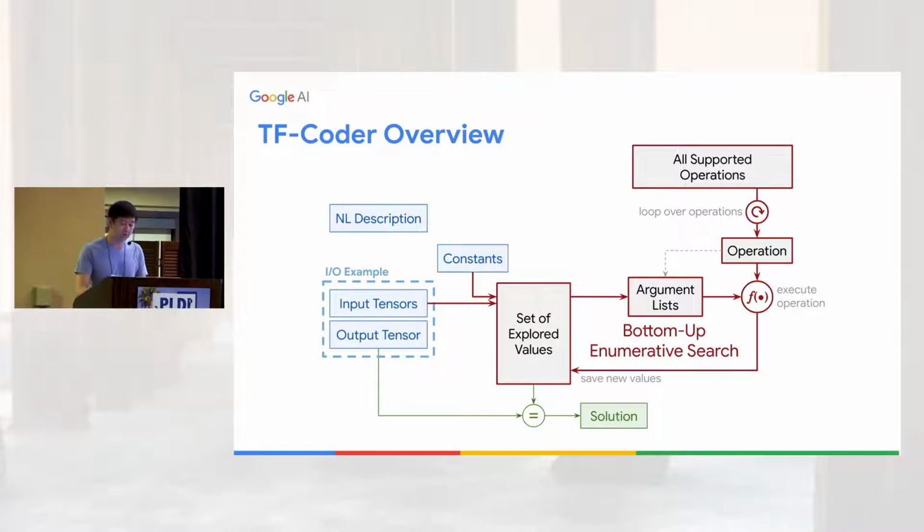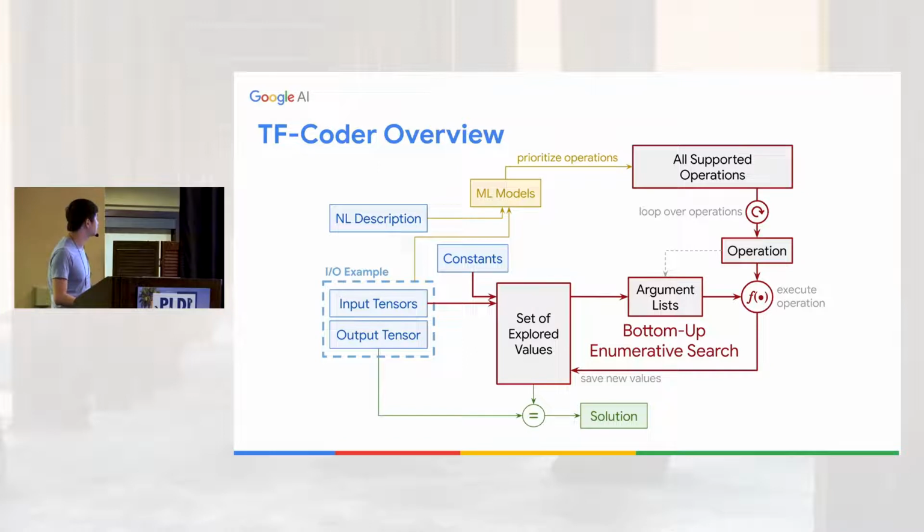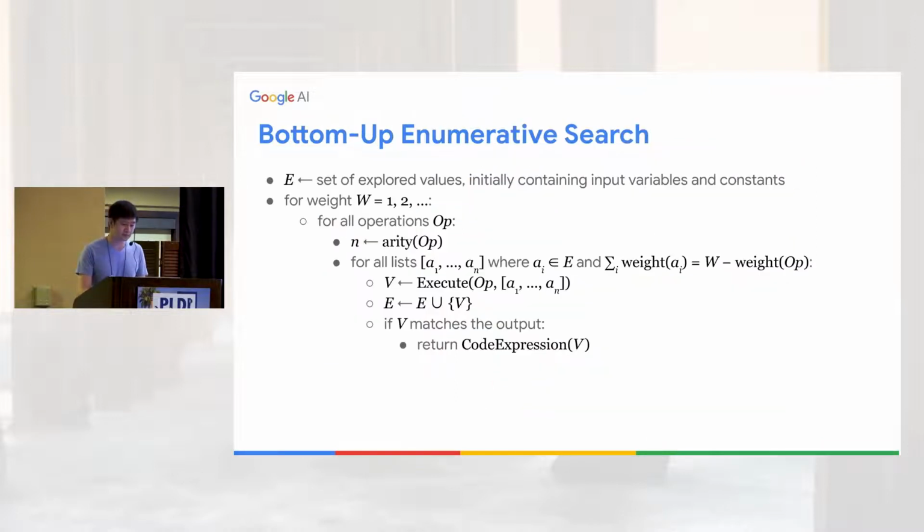And before the search begins, we can use machine learning models conditioned on the input-output example and the natural language description. These models predict operations that seem relevant for the task, and these predicted operations are then prioritized during the search. Now, here's the bottom-up search in a bit more detail, particularly in how the search is ordered.